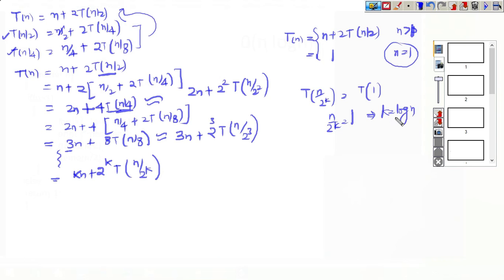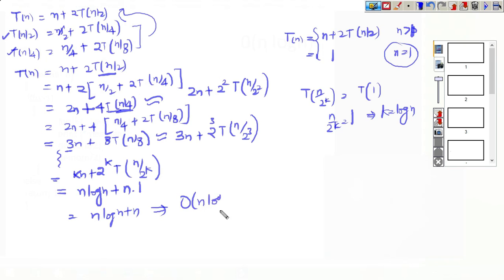So we will replace this in this equation and see what we get. You will get here n log n + 2^k, which is actually n, and this will be 1, n into 1. So you get here n log n + n, which is actually O(n log n).